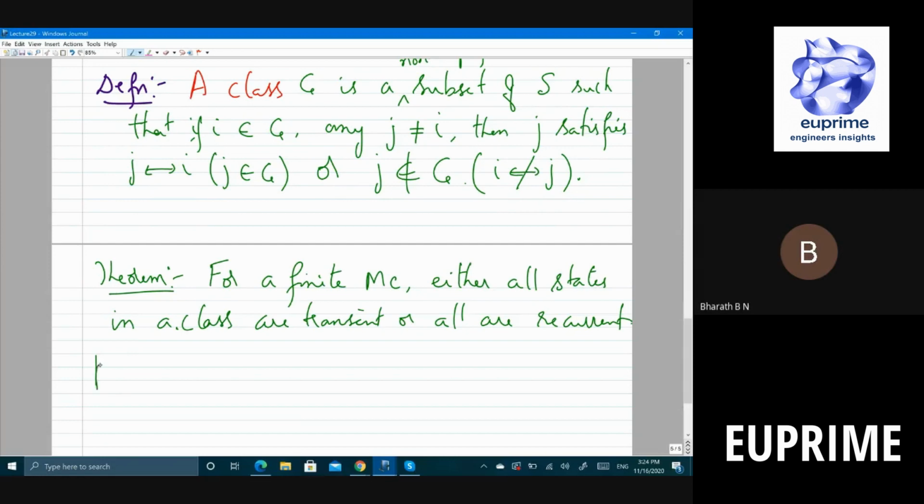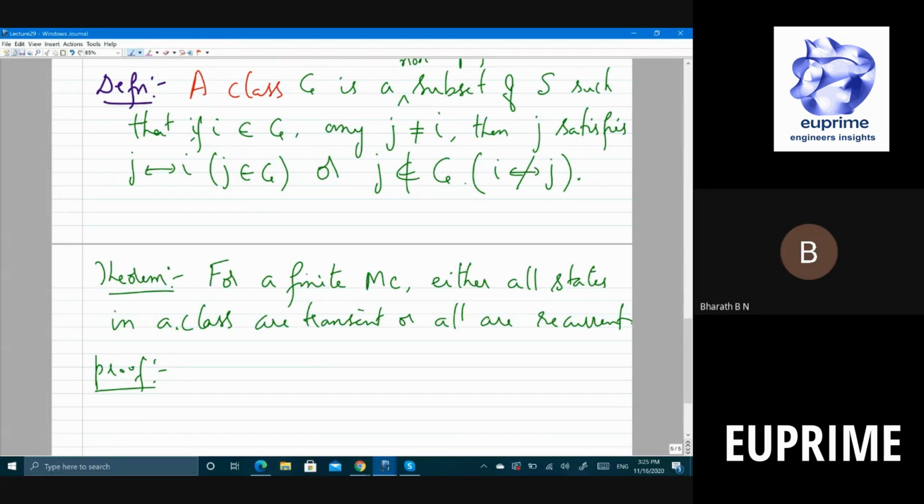Why is this? Can somebody tell me what is the proof and why is this true? Sir, it is just by the definition of recurrent. If you have a class, that means the two nodes can communicate with each other.